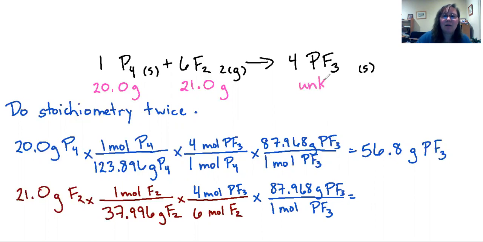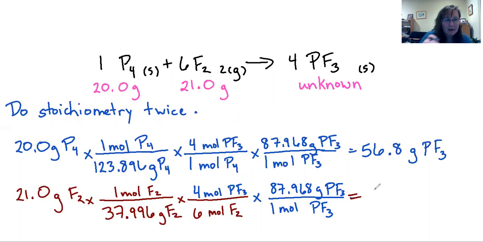And I'm actually going to mark this here, unknown, just to help you see that. Okay. So now let's take a look at what this would be. So I have 21 times 4 times 87.968.